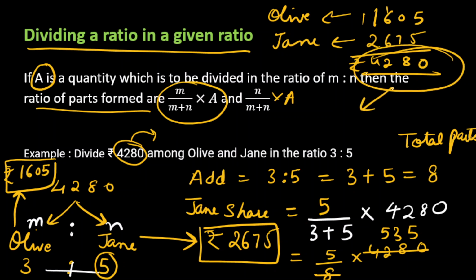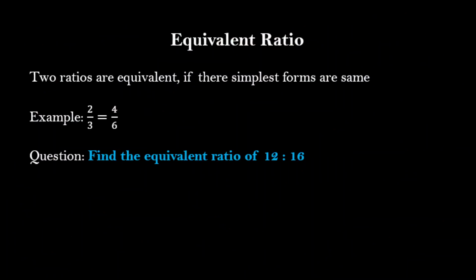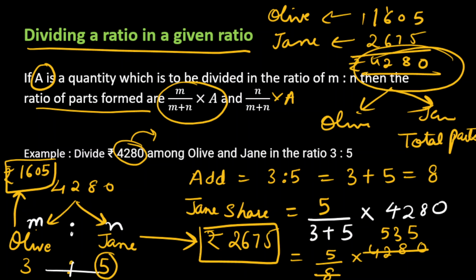So that means this amount got divided between Olive and Jane. So Olive will get 1605, Jane will get 2675.